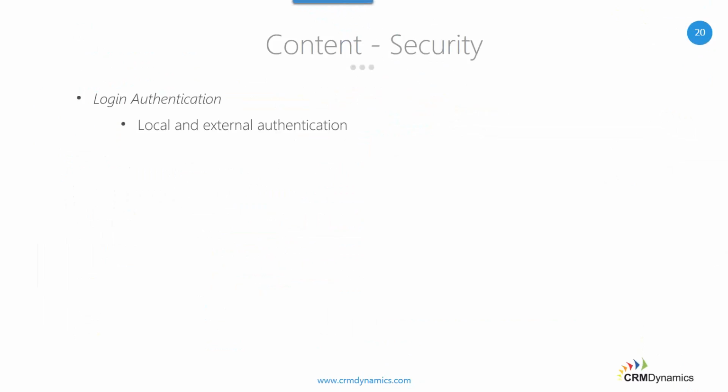Portals offer local authentication, where a contact in your CRM becomes a portal user. Or your organization may opt to use external authentication, such as Azure Active Directory. There are other third-party authentication available, such as Google, Facebook, and a few others, but as per experience, most use the local or Azure authentication.